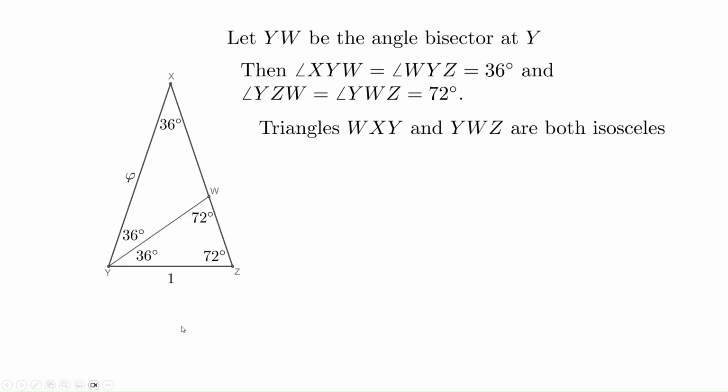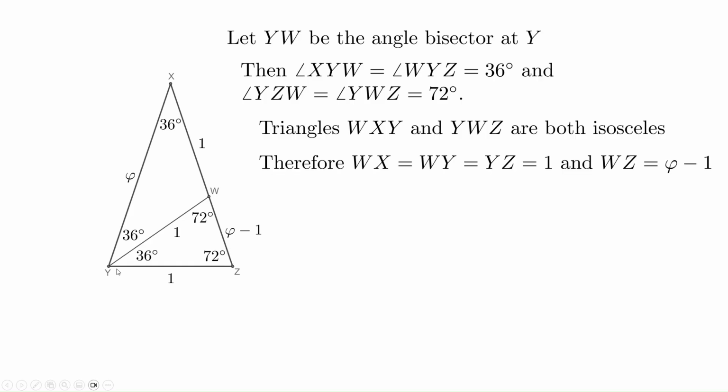Moreover, the triangle WXY is also isosceles with two base angles of 36 degrees. Then YW equals YZ, which is 1, and also XW equals YW, also 1.